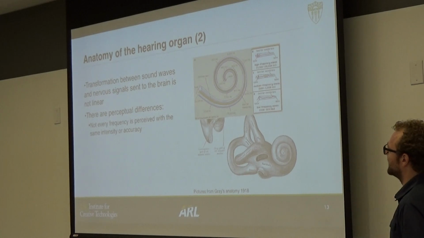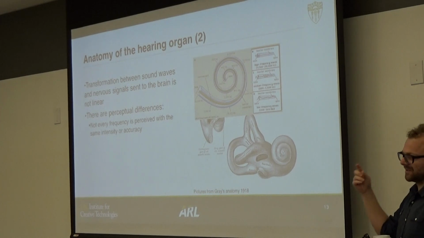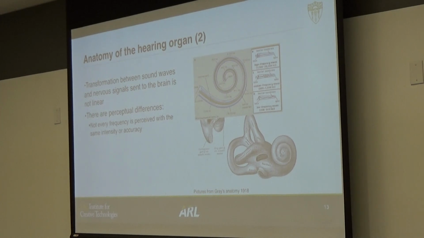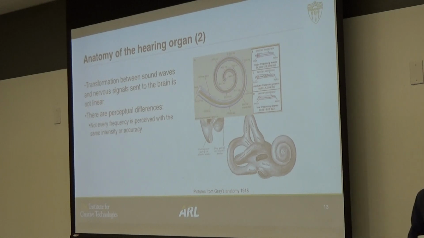It's similar in other animals that communicate in very different ranges of frequencies. For example, bats have a much higher resolution in the higher frequencies, and also hear in much higher frequencies, or dogs.